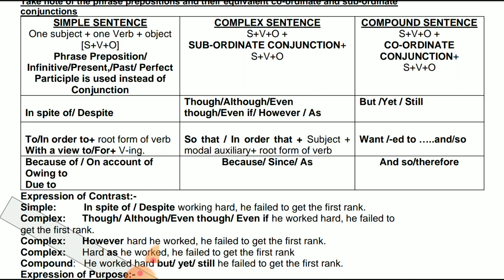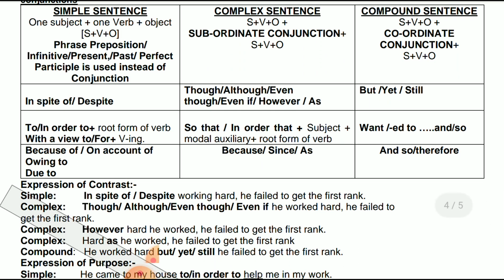With a view to or for plus ing form of the verb shows purpose. So that, in order that, plus subject plus modal auxiliary plus root form of the verb make it a complex sentence; so that and in order that are the conjunctions that show purpose. Likewise, in a compound sentence, to show purpose we have to use want or wanted to plus and so. And so are coordinate conjunctions to make it a compound sentence.